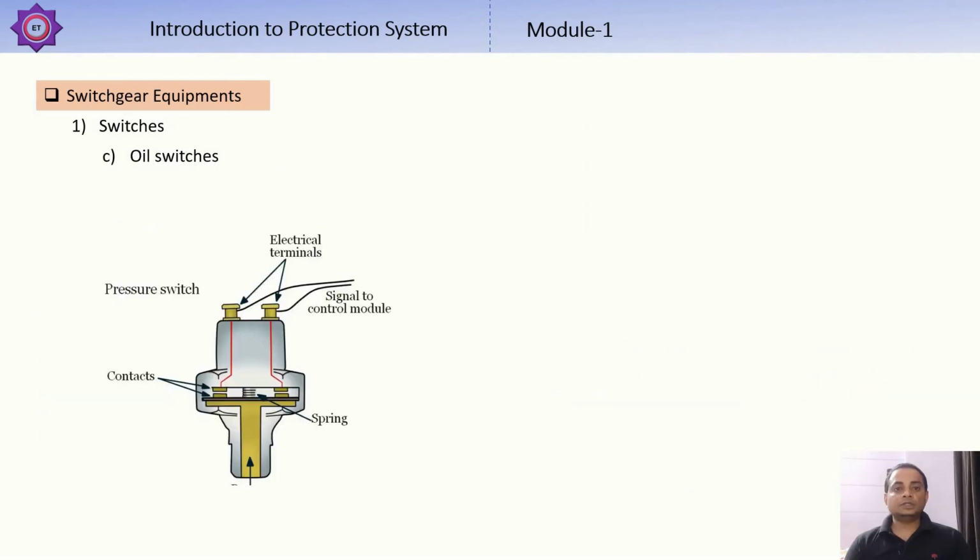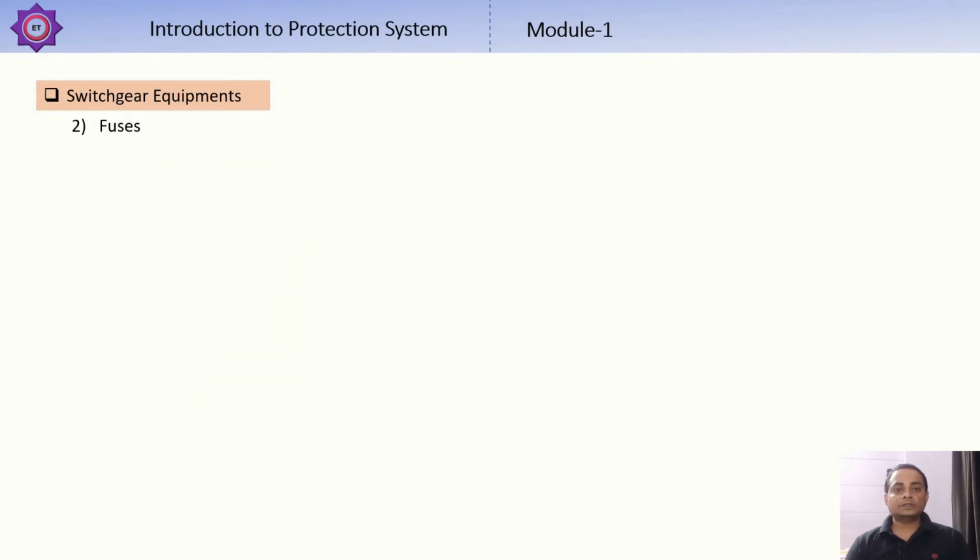Next, oil switches. Oil switch can break high ampere current. In this, arc quenching medium is oil. With the help of pressure switch, we can separate moving contact from the fixed contact. Next, fuse.